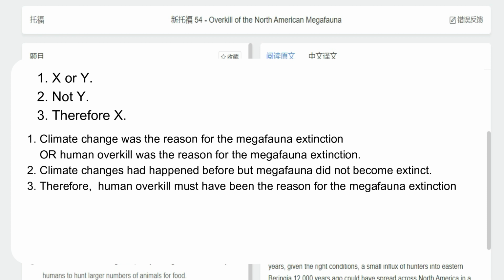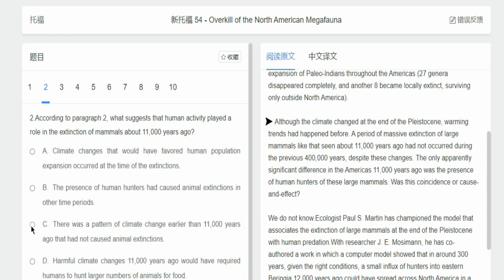Therefore, human overkill must have been the reason for the megafauna extinction. So to conclude 3, we need to show 2 is the case. Which one describes 2? C does. So C is the answer.